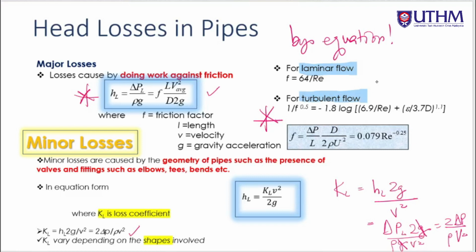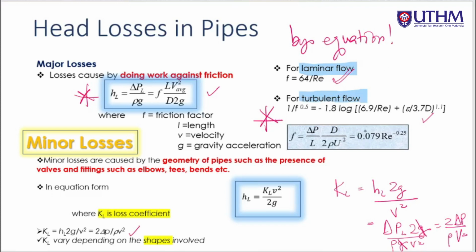Okay. So for laminar kita boleh guna rumus, and then for turbulent pun ada, tapi usually lah you guys just only need to remember or to memorize the friction factor for laminar flow. However, for turbulent, if let's say the question asks you guys to use equations, I am confident that the equation will be given to you lah.